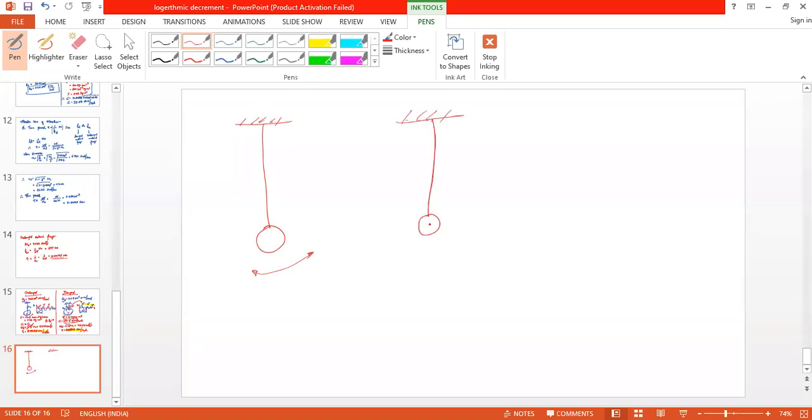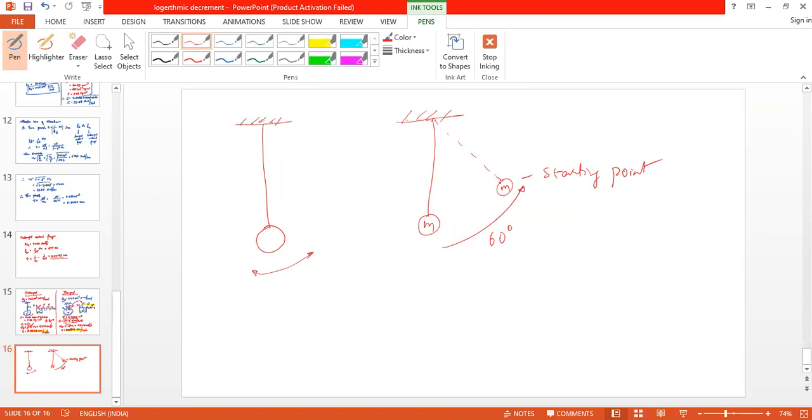It is nothing but a bob or a mass attached to a spring. Assume that initially you have given a displacement of say 60 degrees. So this is the starting point. Now you release this.